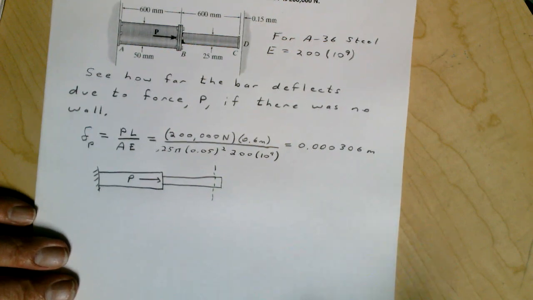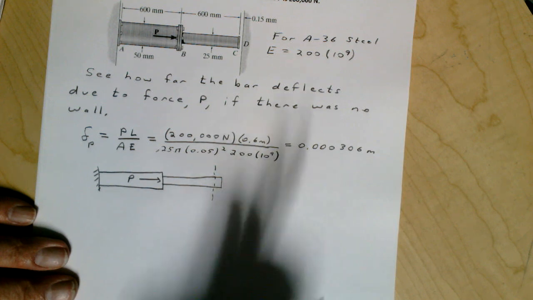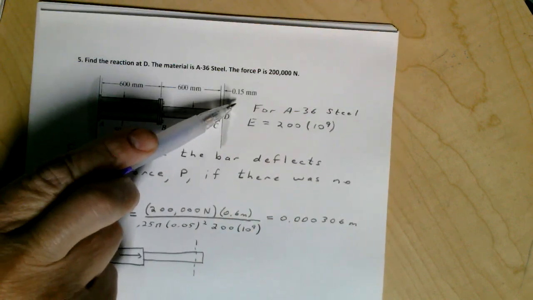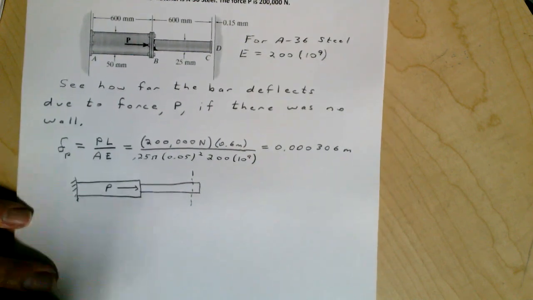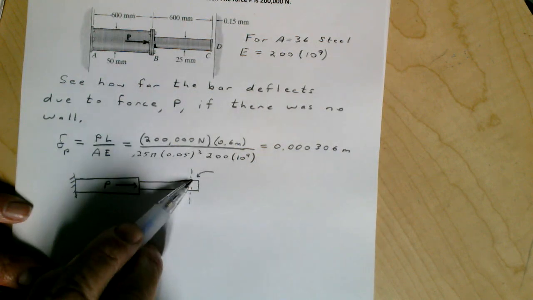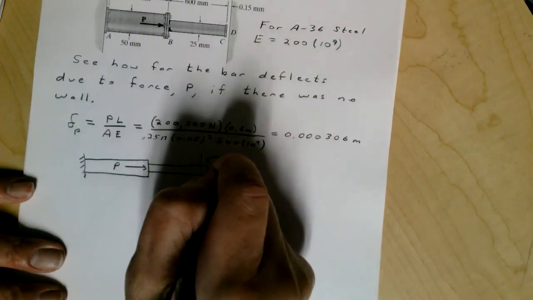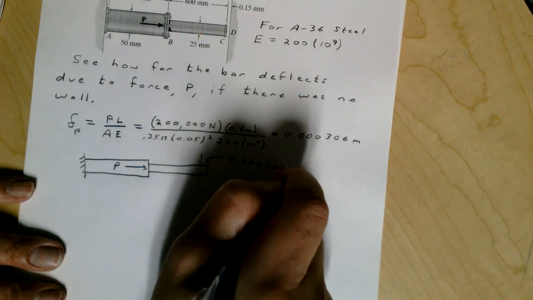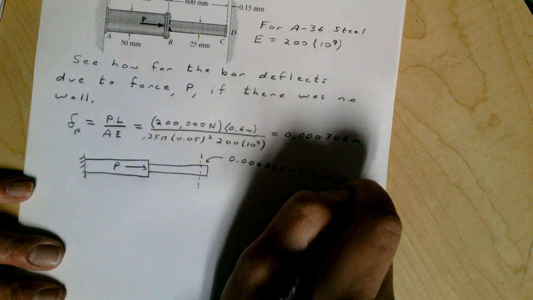We'll see how far past the wall it went. There was a gap of 0.15 millimeters. So the length from the wall to its farthest point out here is going to be 0.00306 minus 0.00015.